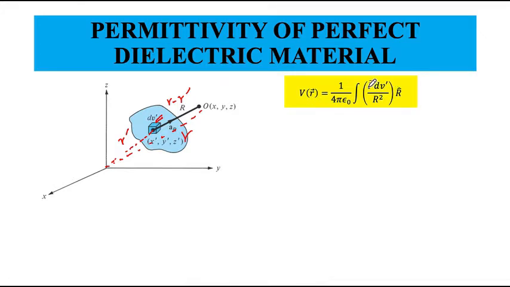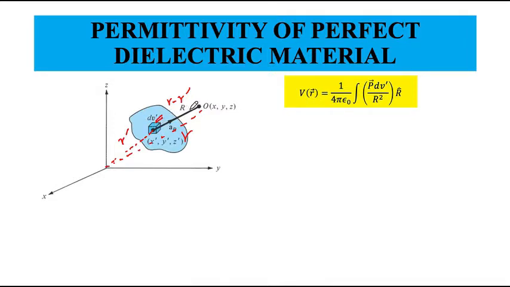We will use capital V for potential and small v for the volume. Okay. So the potential at the field point, let the field point be at some point r. So this is vector point r, and the potential at this point is given by 1 over 4 pi epsilon naught. Epsilon naught is a constant, that's why it is sitting outside. And then what is the total charge inside this volume element?